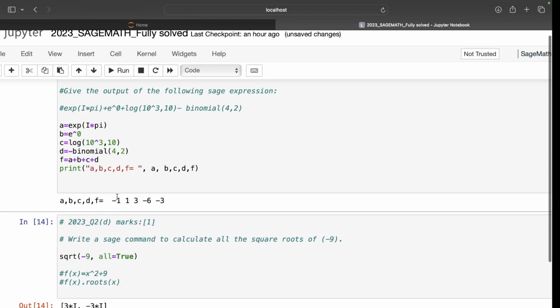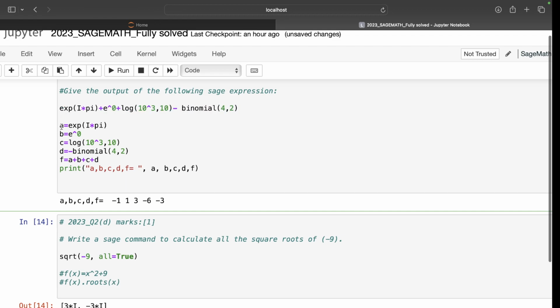So A equal to -1, B equal to 1, C equal to 3, D equal to minus binomial 4, 2, so -6. Add all these: A plus B plus C plus D equal to -3.